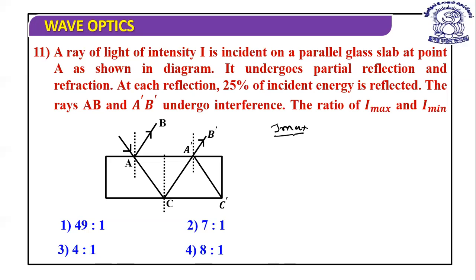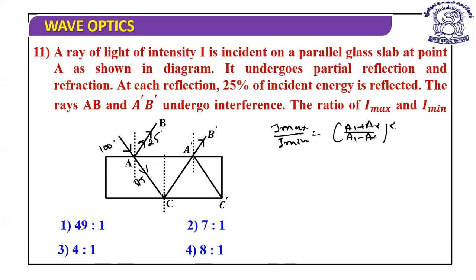I max by I minimum is given by A1 plus A2 divided by A1 minus A2 whole square. If we have incident light of intensity 100, then with first reflection 25% is reflected and 75% is incident.